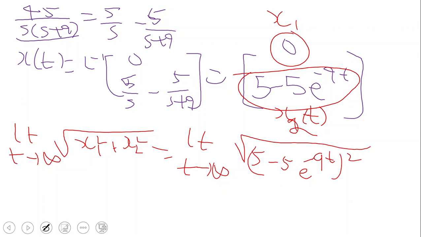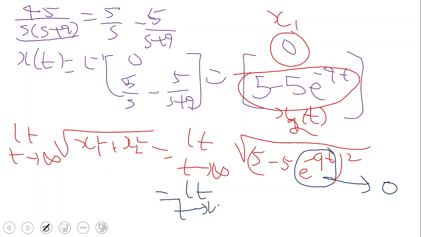As time tends to infinity, this term shrinks to 0, e power minus 9t will be 0. Therefore this is simply limit t tends to infinity square root of 5 square minus 0, which is equal to 5. So 5 is the answer.